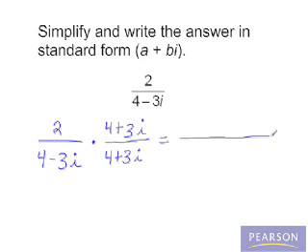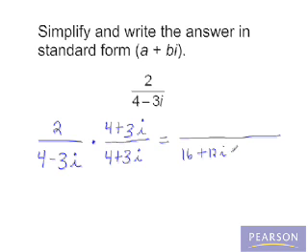So again, we'll multiply this out. Denominator, we're going to use the FOIL method, first, outside, inside, last, or simply take both terms in this polynomial times both terms in this polynomial. Positive 4 times positive 4 is positive 16. Positive 4 times positive 3i is positive 12i.